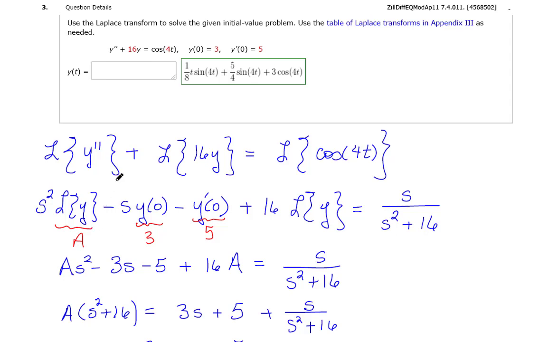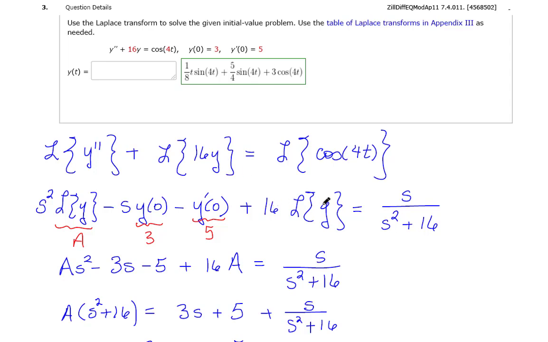So the Laplace transform of y double prime, I get s squared, Laplace transform of y, minus s y at 0 minus y prime at 0. So all of that for the Laplace transform of y double prime.